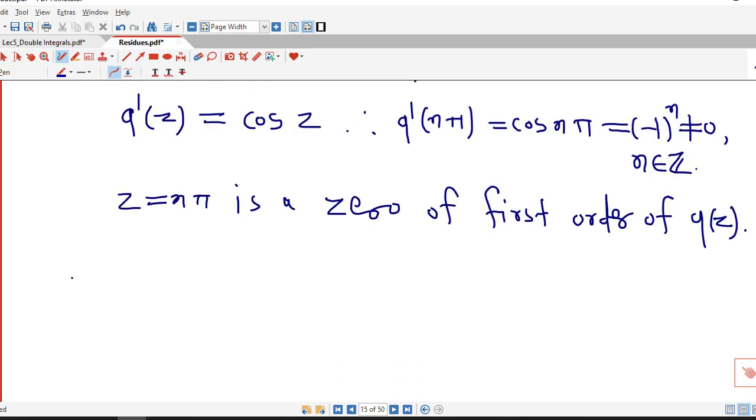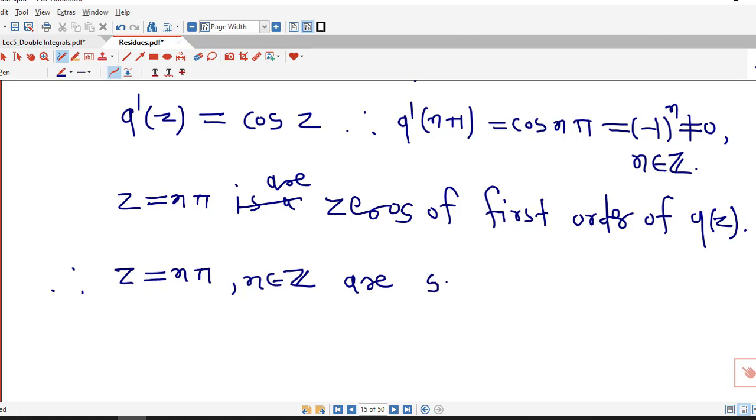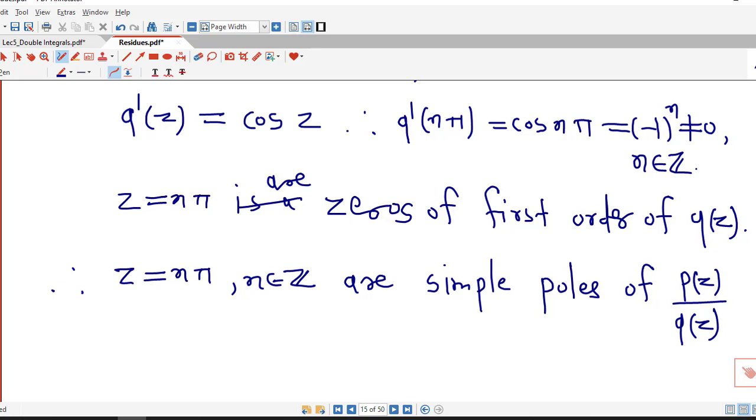So therefore by the above result which we have discussed, we can say that z equal to n pi, n belongs to Z, are poles of order 1 or simple poles of function p z over q z, which is nothing but cot z.